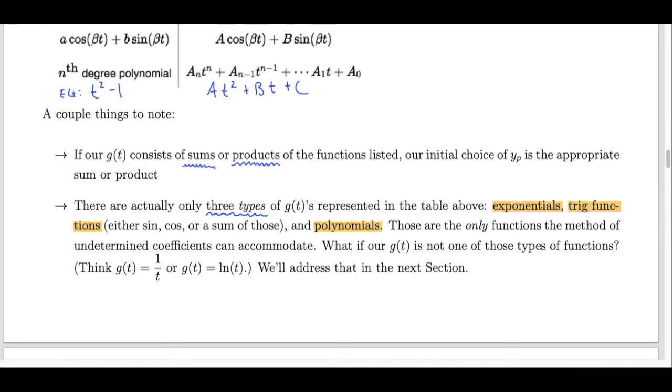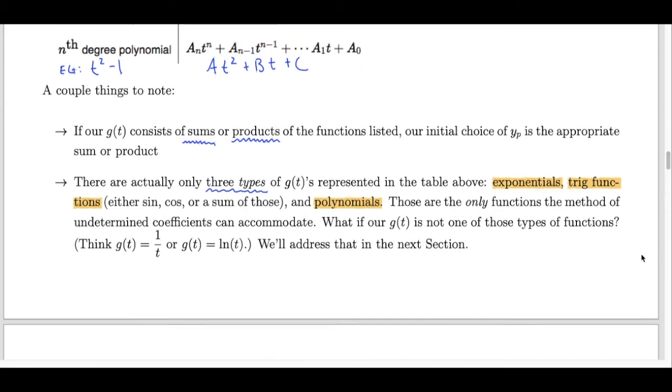The only g of t's that we can apply this method to are these three families of functions: exponential functions, trig functions, the basic sine or cosine or sums of those, and polynomials. There's lots of other functions that could potentially act as g of t. So what do we do if our g of t is not one of those types? We'll address that in section 3.9.